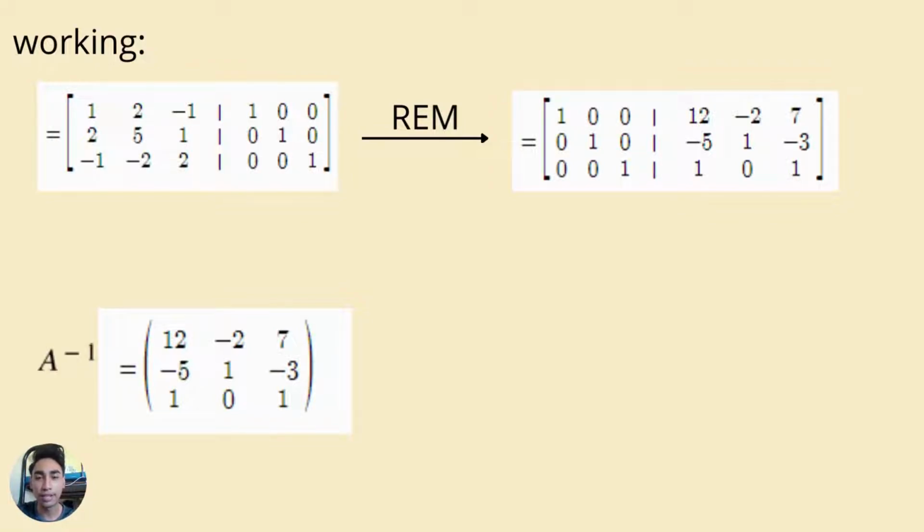At the right side we get the inverse matrix, where the first row is 12, -2, and 7, the second row is -5, 1, -3, and the third row is 1, 0, 1. So that's all from me about the inverse matrix. So we move to the next subtopic.